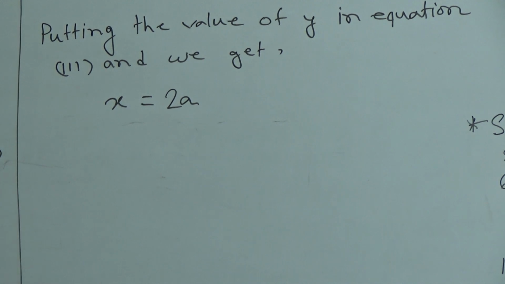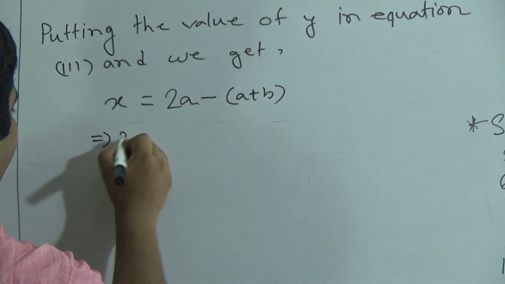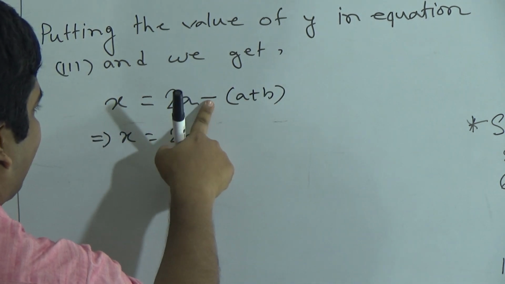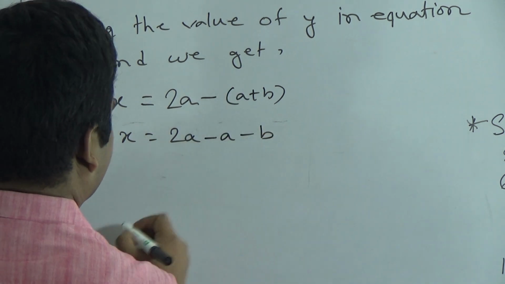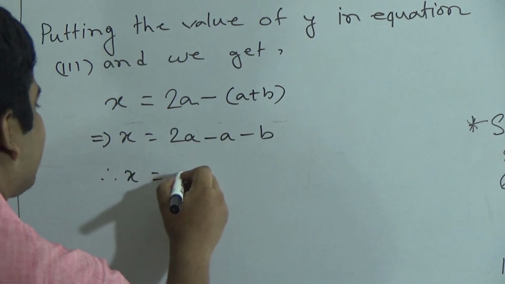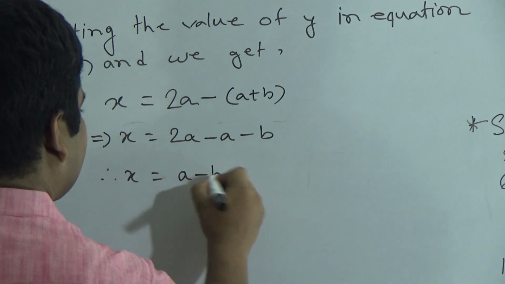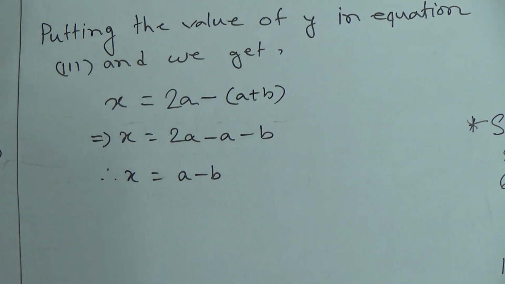Dear students, this plus and this minus will make a minus sign. After that a plus b. Then therefore x equals twice a, minus multiplied by both signs, and we get minus a minus b. Then x equals, if we subtract a from twice a, we get a, and minus b is placed here. So the value of x is a minus b and the value of y is minus a plus b.